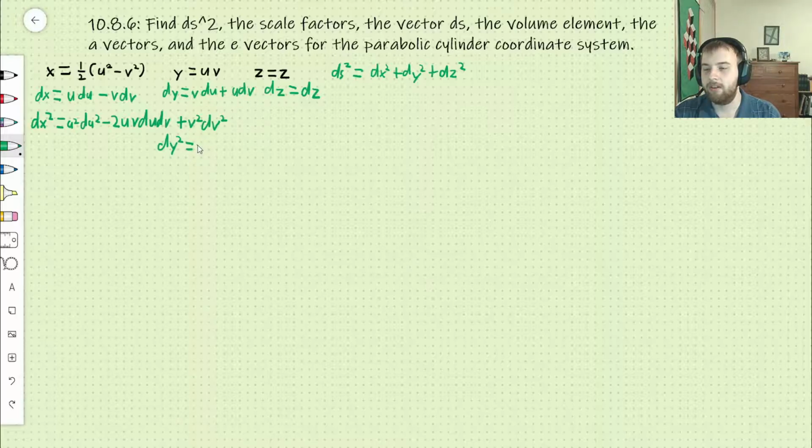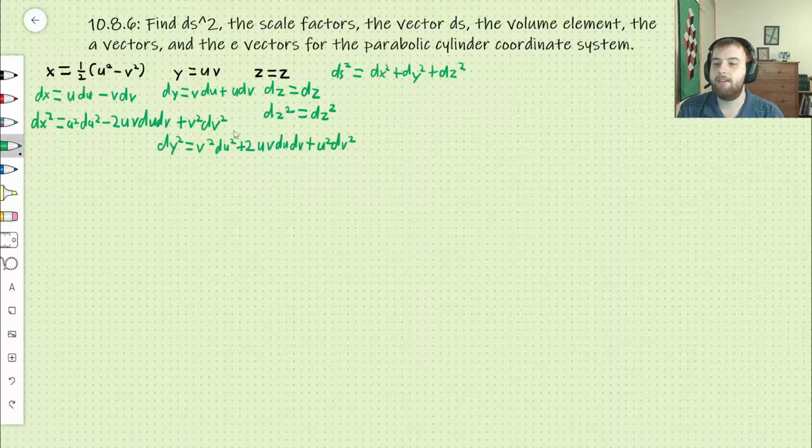So that is v squared du squared, plus 2uv du dv, because when we multiply these by each other, we have one v, one u, one du, one dv, but we have to do it twice, so that's why there's a 2 in front of it, plus u squared dv squared. And our dz squared is equal to dz squared.